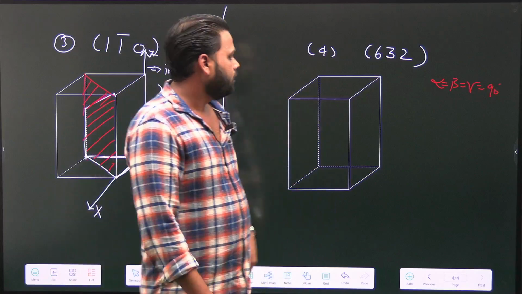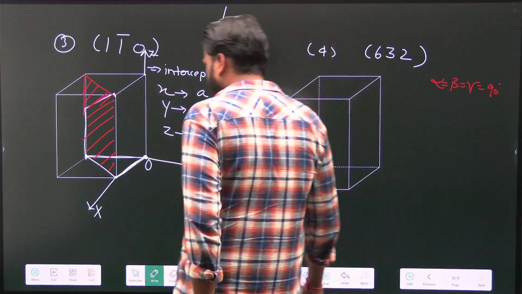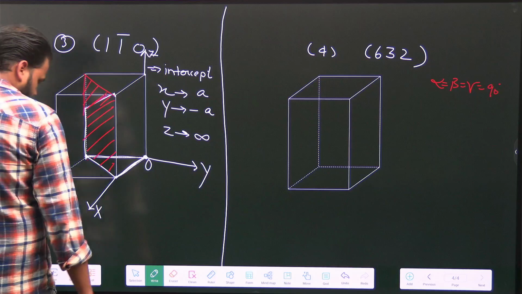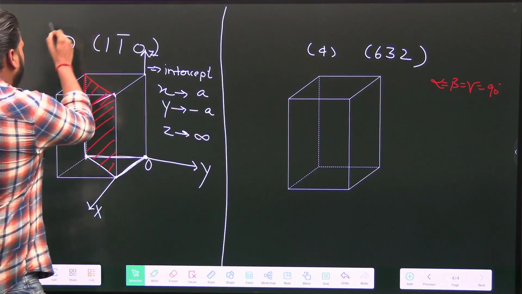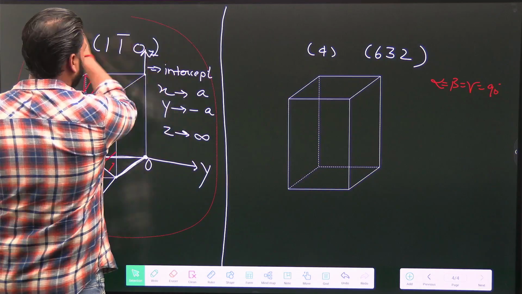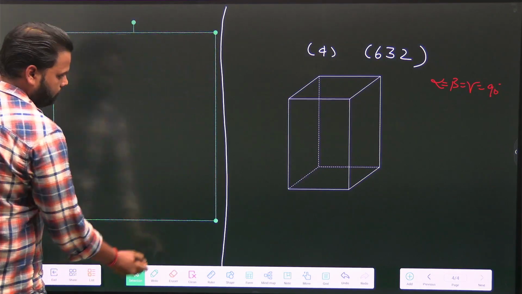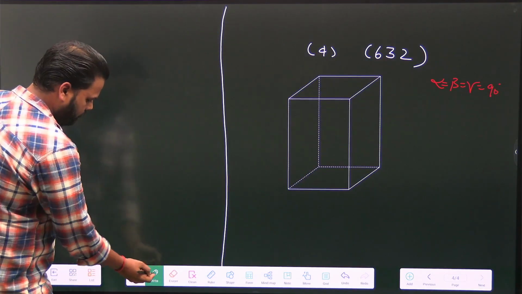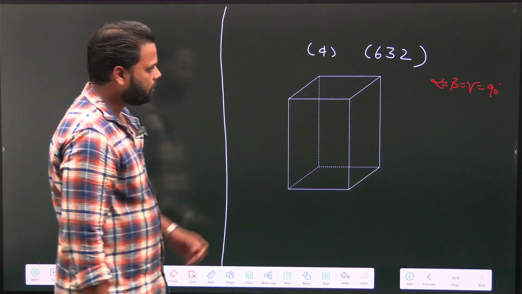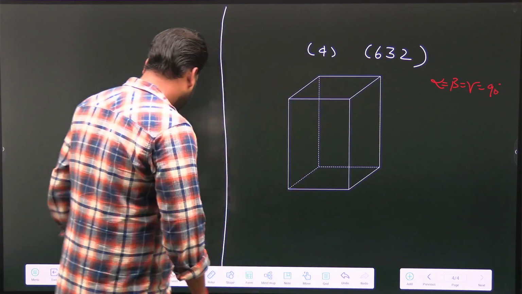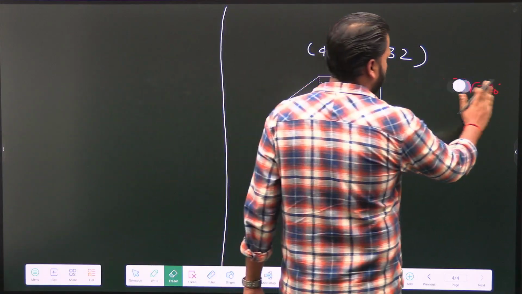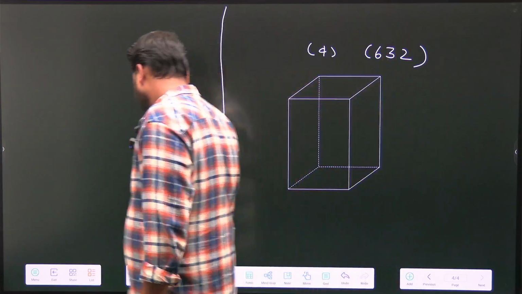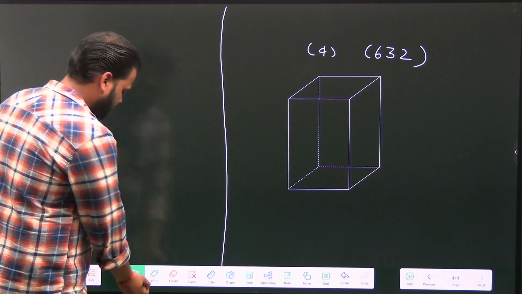Okay. Now come to this question, 632. Has anyone found out or drawn the planes? Okay, let's see. 632. That's what I am telling you, guys.